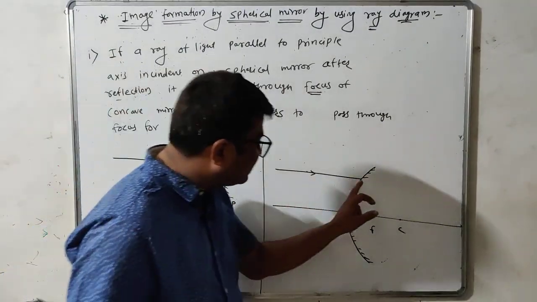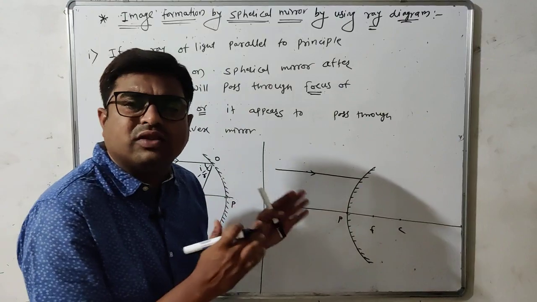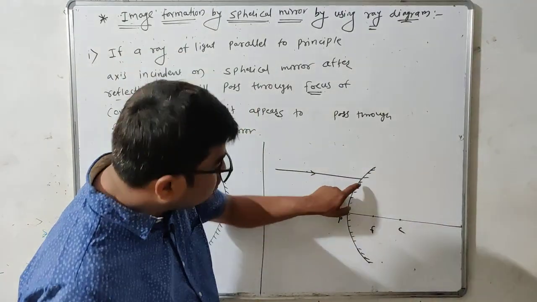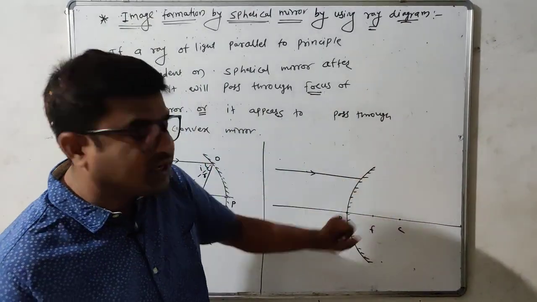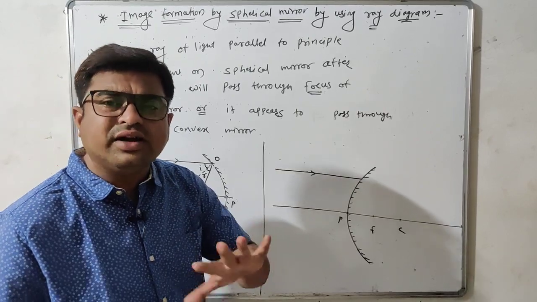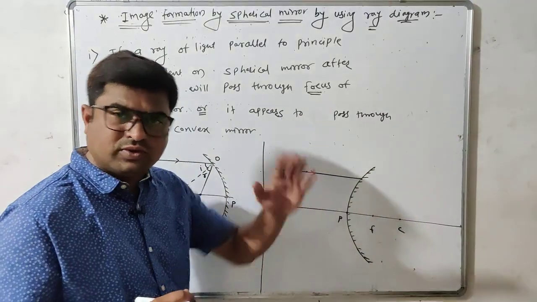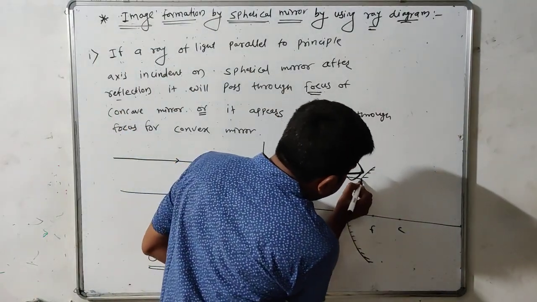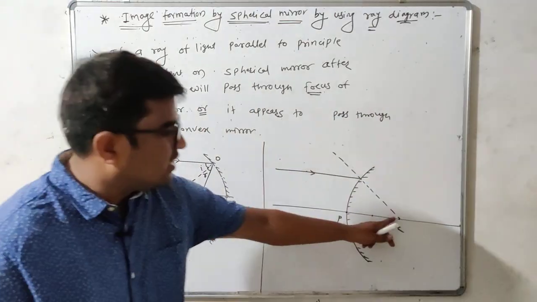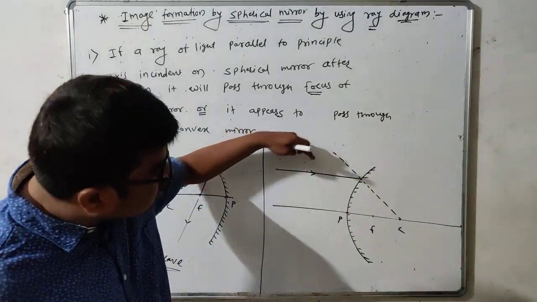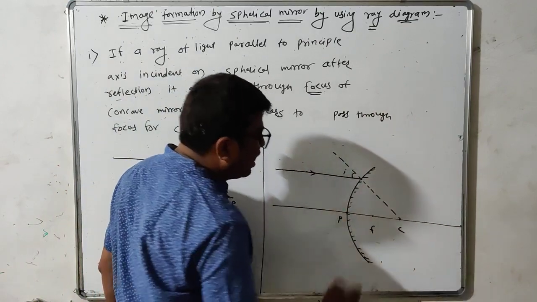Now this ray is incident at this point, so to find the value of the angle of incidence, we need to draw what? A normal from this point to the reflecting surface. And as I already told you, the radii of a circle are always normal to the circle. Therefore from this point we draw this radially outward line, and this is the normal line. Got it? The angle made by this incident ray with this normal is considered to be i.